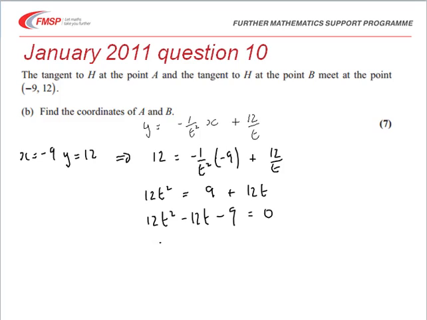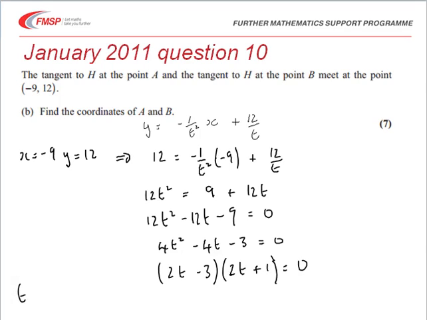There's a factor of 3, so dividing gives us 4t squared minus 4t minus 3 is equal to 0. And this factorizes (2t minus 3) multiplied by (2t plus 1) is equal to 0. So we've got two values of t. t is equal to 3 over 2 or negative 1/2.